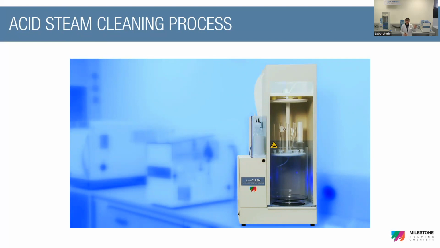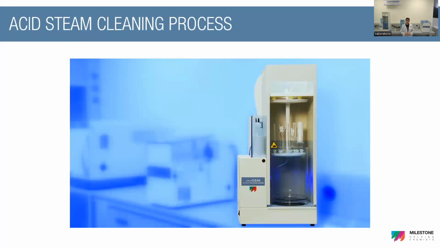And thanks to a built-in ventilation system, the condensation of the vapors allows us to decontaminate, to remove any trace of impurities on the glassware, and then to recover all the vapors, because thanks to the recondensation, the vapors move again into the liquid phase. They fall back into the original tank, and they can be reused for next cleaning steps.